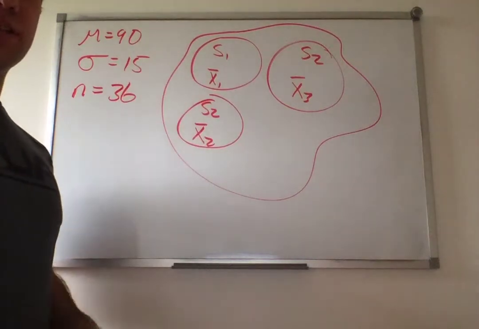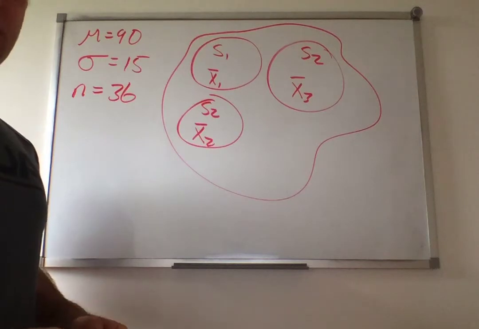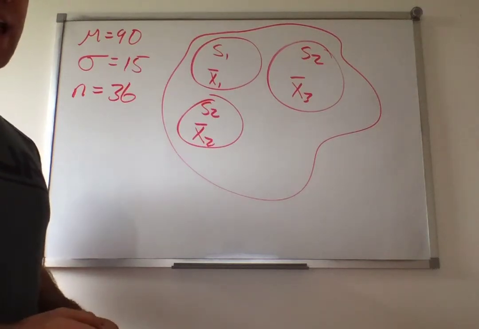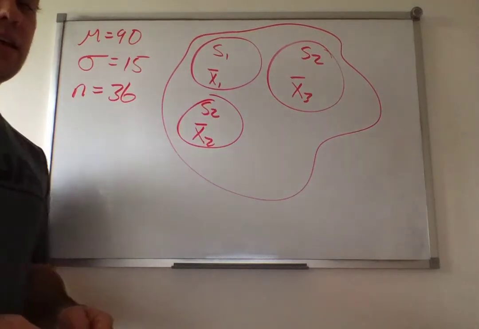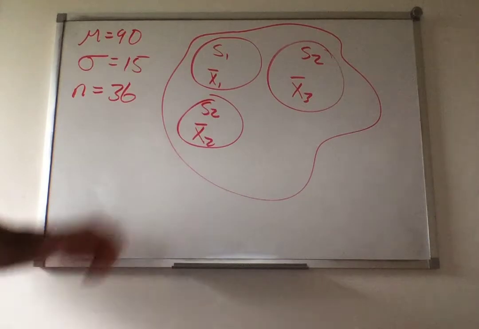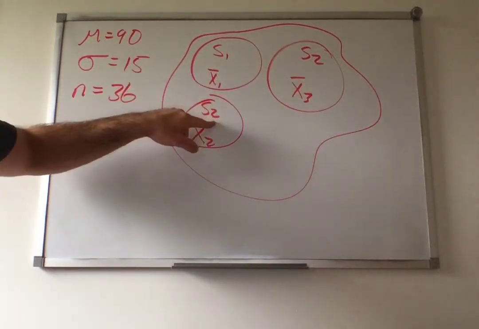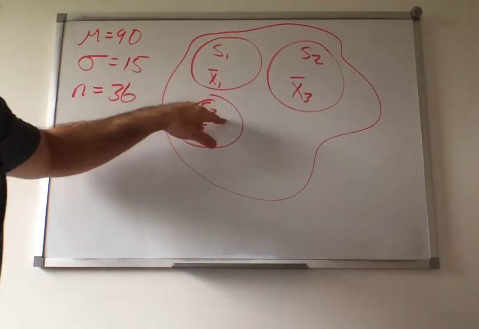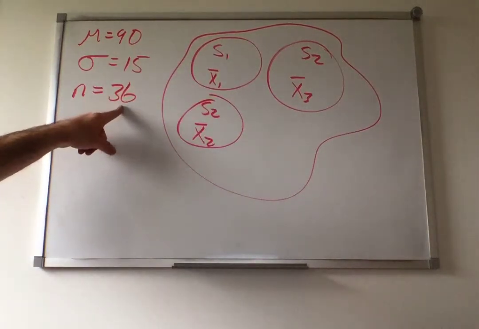Now let's read the question. Find the probability that a randomly selected sample mean is between 85 and 92. So we're randomly selecting a sample from the list of all of our samples of size 36.